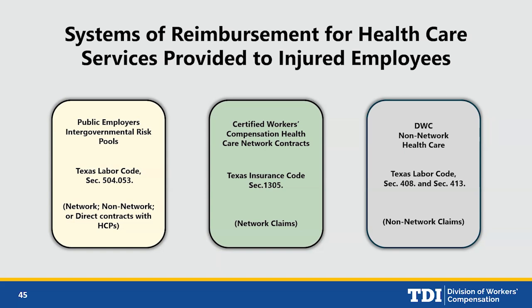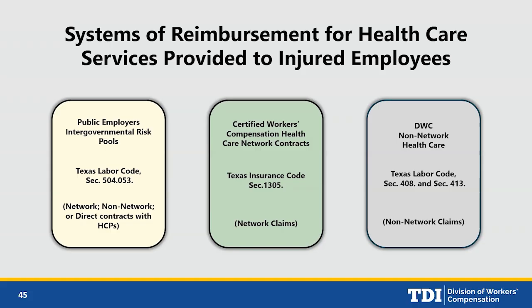The other last category are the public employers, the intergovernmental risk pools. This is Texas Labor Code 504, as we call them, or political subdivisions, if you will. These are like sheriffs, first responders, school districts. They can operate in one of 3 ways. They can operate like a certified workers' compensation network, which again, you're going to need to have a contract.